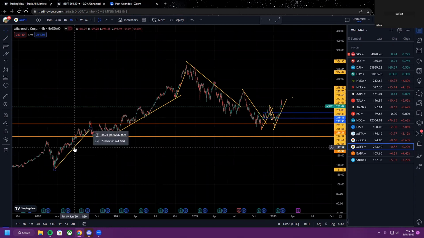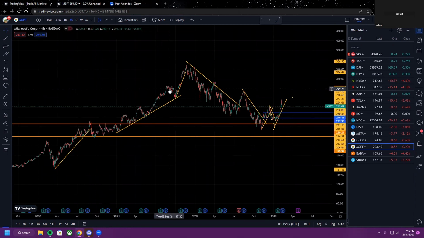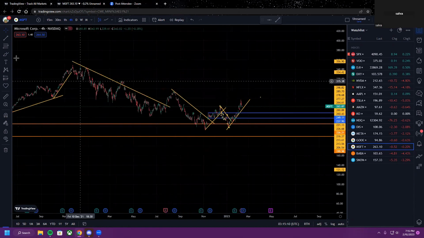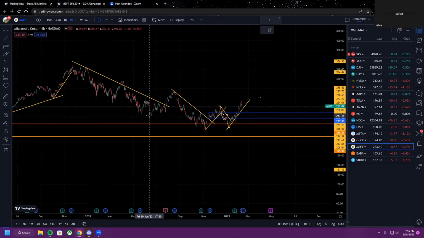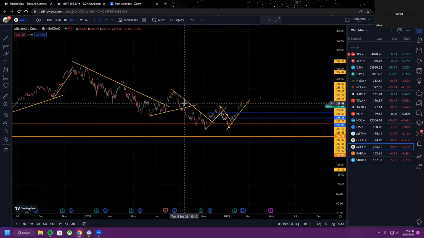We identified an uptrend, the consolidation, a pretty steep uptrend right here, a nice downtrend. Maybe we could have done this one right here, a little uptrend right here, downtrend.